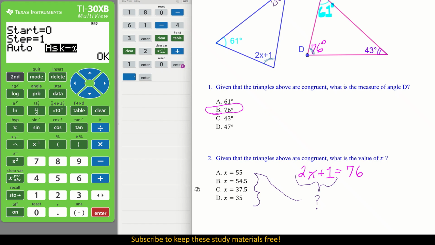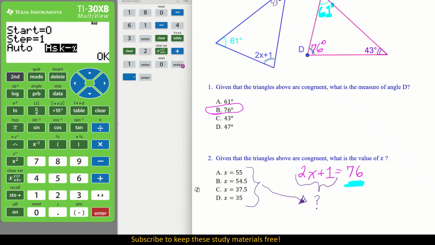Oh, here, I could do this better. That looks weird. Sorry about that. I'm going to use each of these options right here, one by one, and see if they fulfill a value of X, and in turn, it should get me 76.